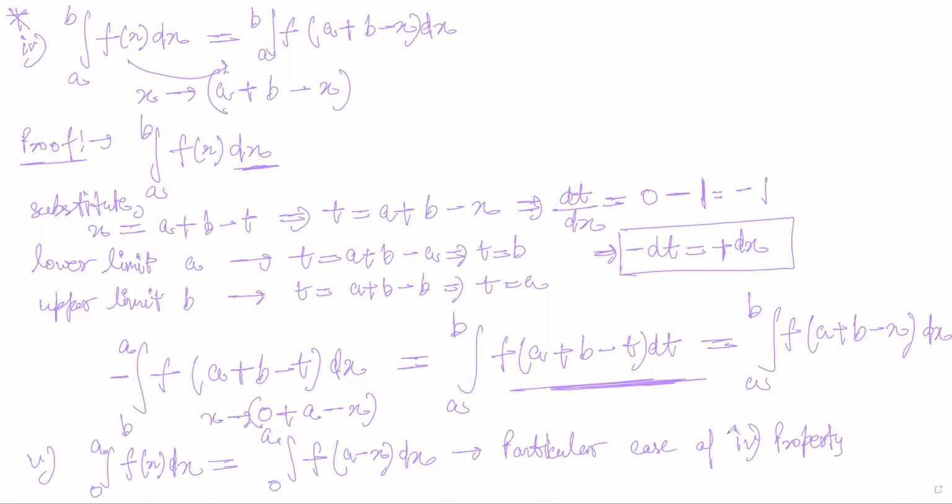Why are we calling it a particular case? Because the lower limit is fixed as 0. Upper limit can be anything, but the lower limit is always 0. So this is just simply the fourth property only. Nothing new, nothing fancy.